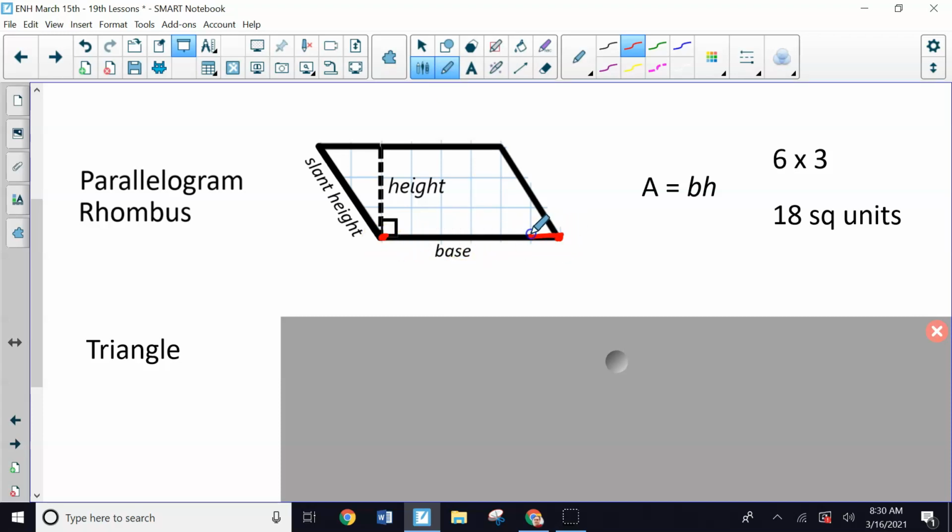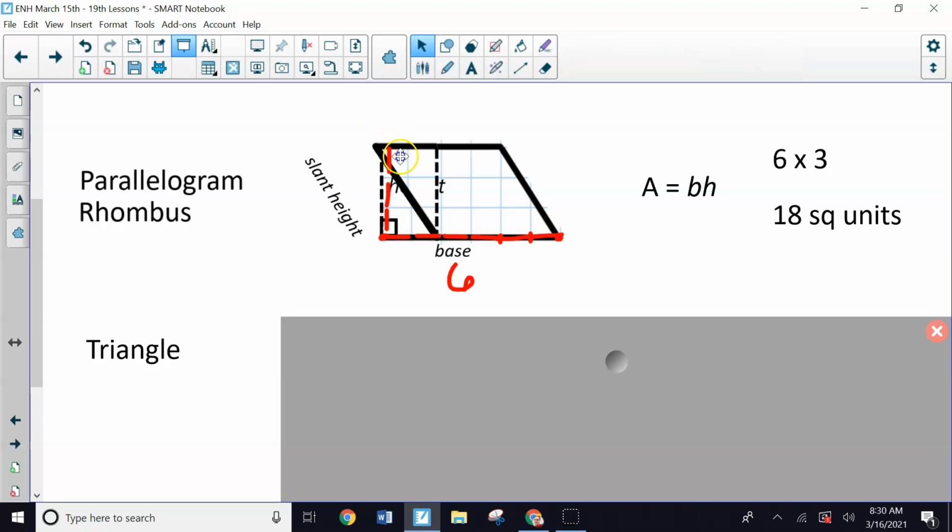So from here to here, that's 1, 2, 3, 4, 5, 6. So the base is 6. Okay, that's where I got it over here. So the base is 6, and the height is going to be 1, 2, 3. So the height is 3, and the base is 6. And if we look at it this way, really we're just taking the base times the height.